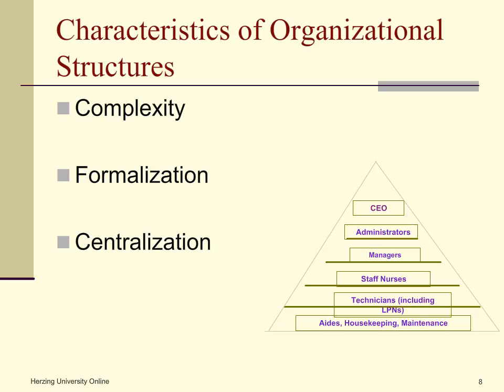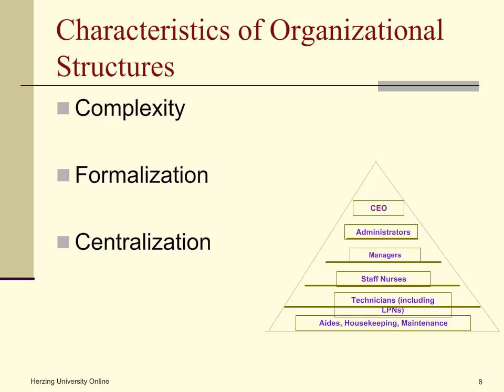Organizational designs are often classified by the following characteristics: complexity, formalization, and centralization. Complexity concerns the division of labor, how specialized that labor is, the number of hierarchical levels, and the geographic dispersion of the unit.